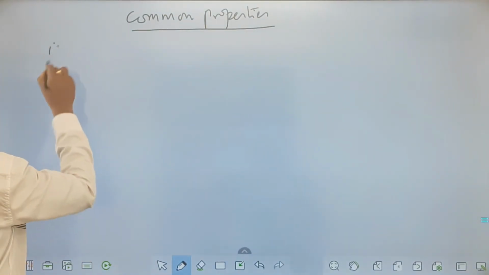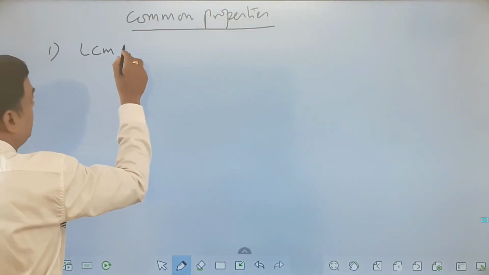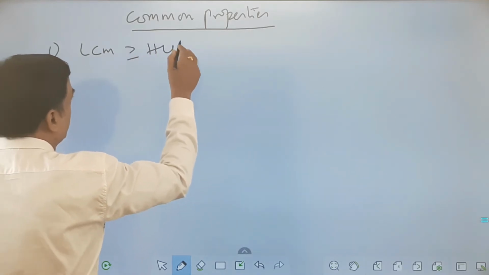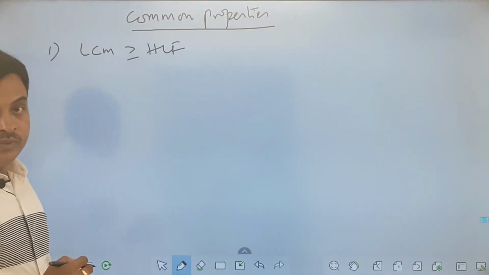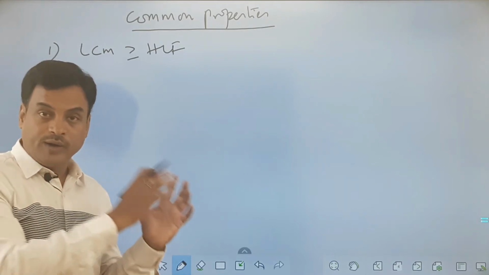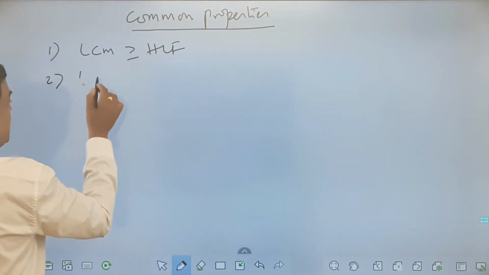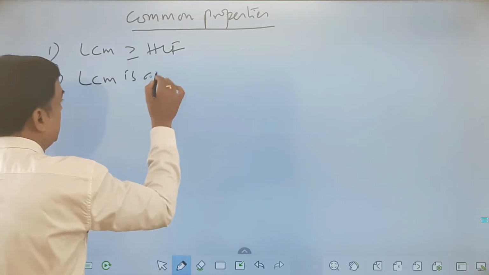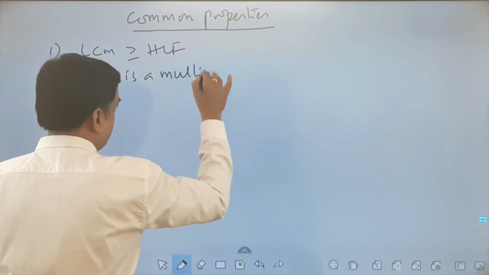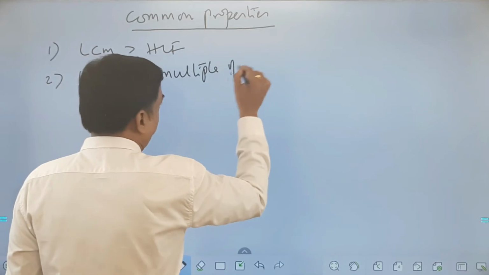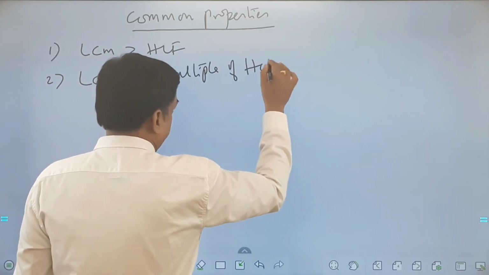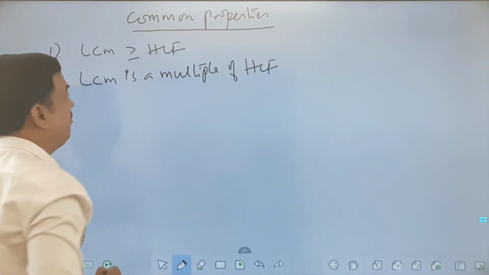The very first point, LCM will be greater than or equal to HCF. Already I gave some examples, you can check that one. Second, LCM is a multiple of HCF.